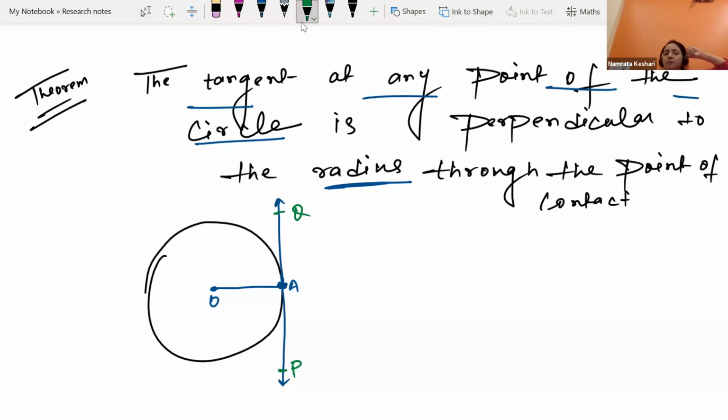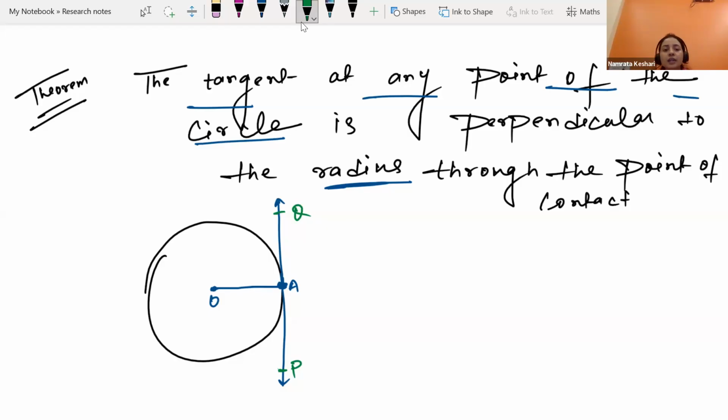We have just a circle and a tangent line, and we are trying to prove that if we join the radius with the point of contact, we will get 90 degrees over here. That's what we want to prove.